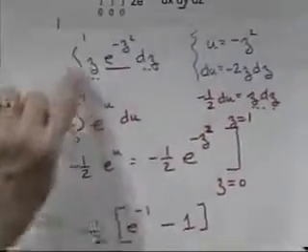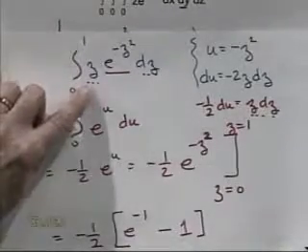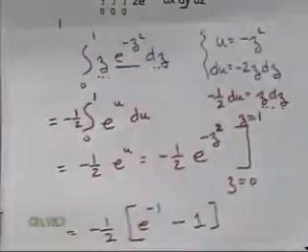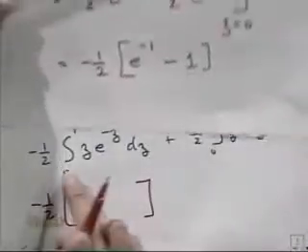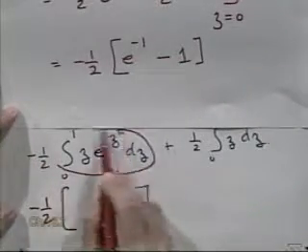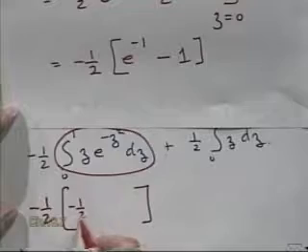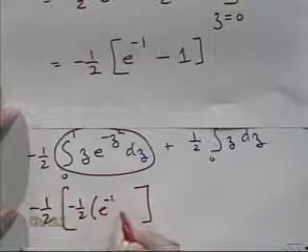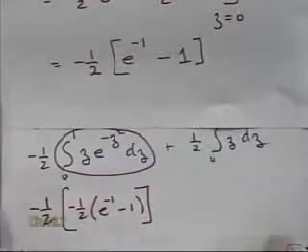Now notice that was just the integral from 0 to 1 of z e to the minus z squared. Here's the integral. This minus 1/2 has to come along for the ride, but this integral right here, I just figured out was minus 1/2 times e to the minus 1 minus 1.